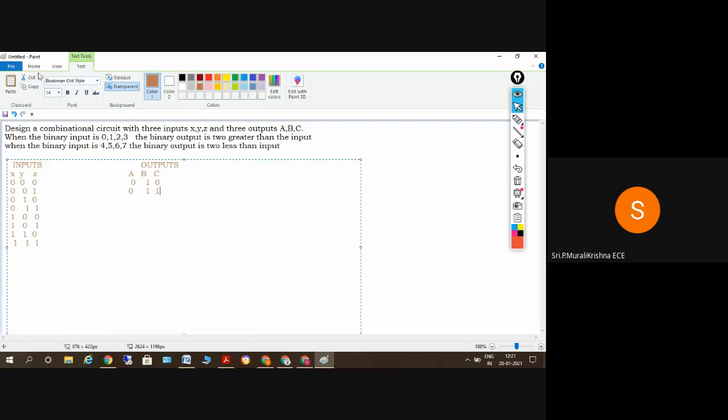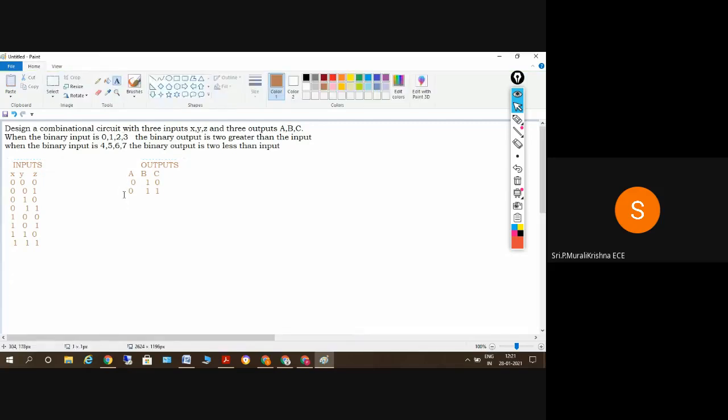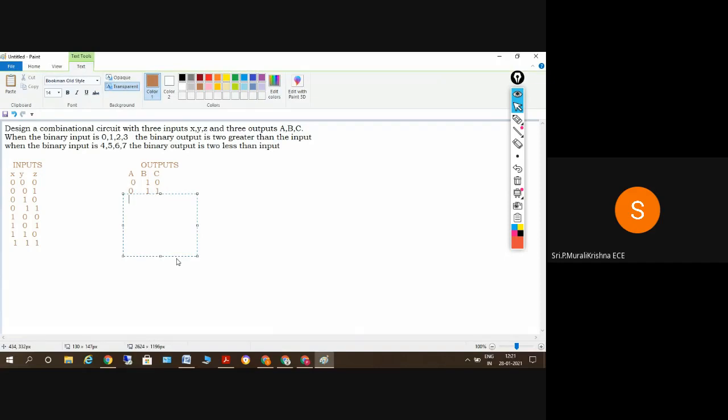The next case is 1 0 0, and for 3 it is 1 0 1. For these four inputs it should be plus 2, and from 4 to 7 it is minus 2. So 4 minus 2 gives 0 1 0, 5 minus 2 is 0 1 1, 6 minus 2 is 4, that is 1 0 0, and 7 minus 2 is 5, that is 1 0 1.